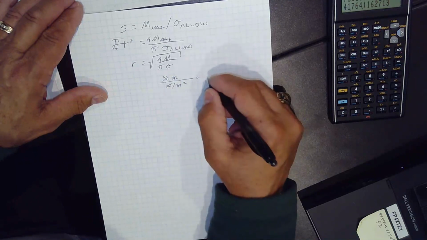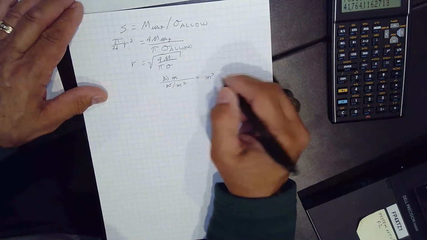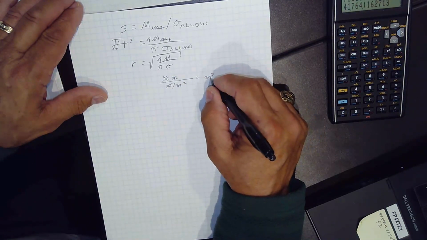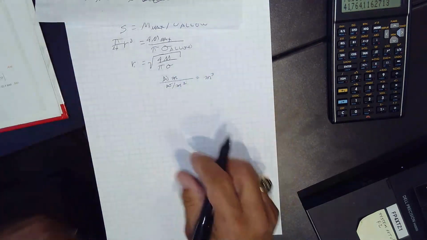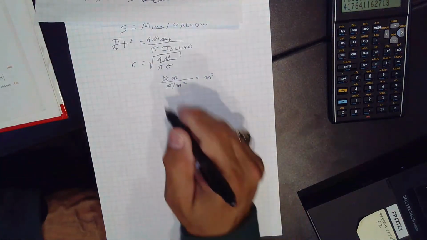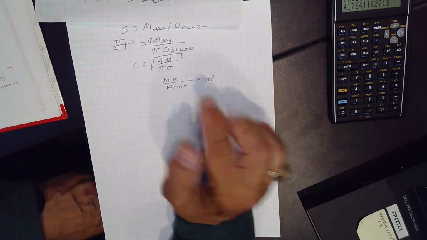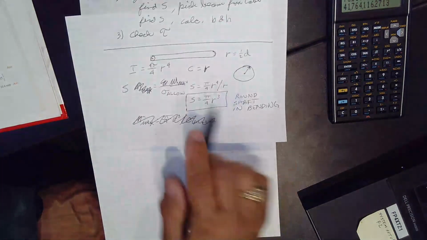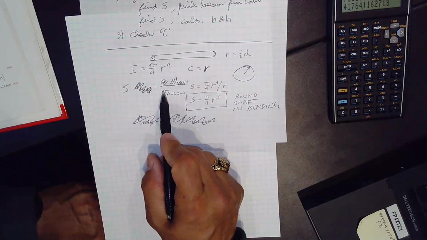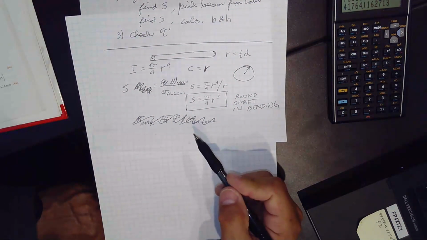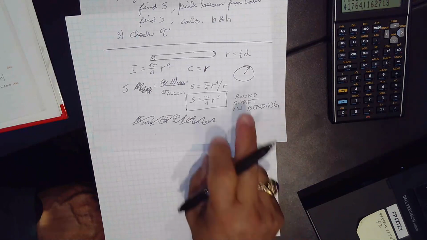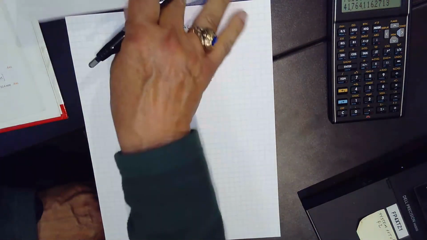You bring this up to the top, that's going to be meters cubed. So when I take the cube root of that, I'll get meters. So it works. If you think you've goofed up an equation, like I just did a minute ago, check your units. The units will tell you. Just like I did there to be sure I actually got it right the second time.